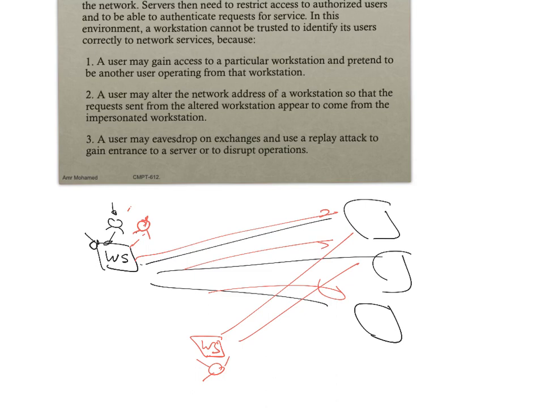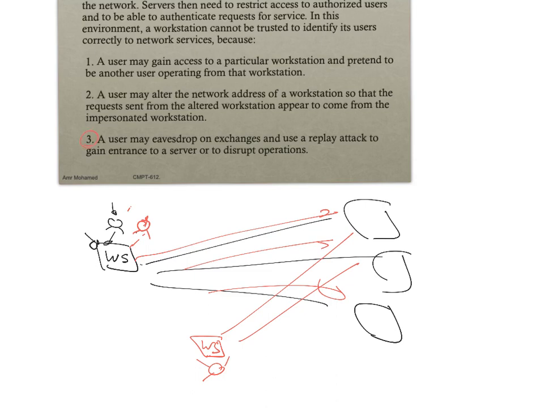So I will spoof the IP address, and somehow I will impersonate myself as another person working on a different workstation other than the one that I'm working on. I can easily use the same IP address and MAC address to try to fool the system. So what if you are using encryption? Then he cannot easily do this, except if he knows the key.